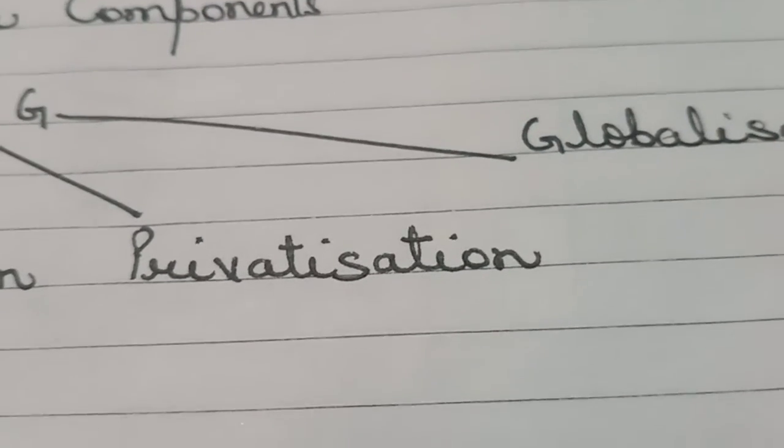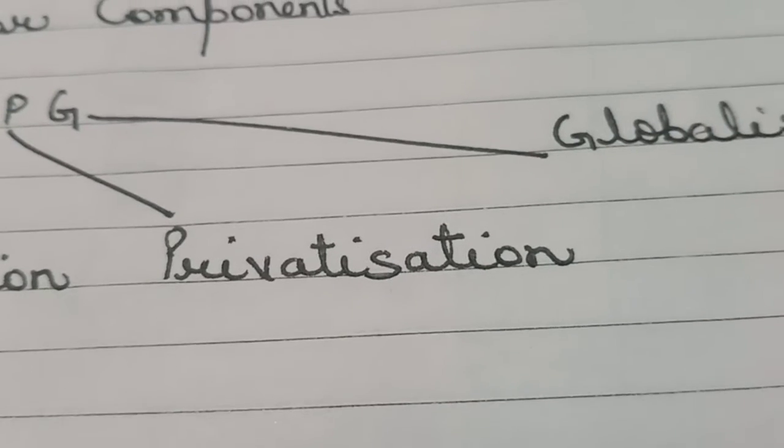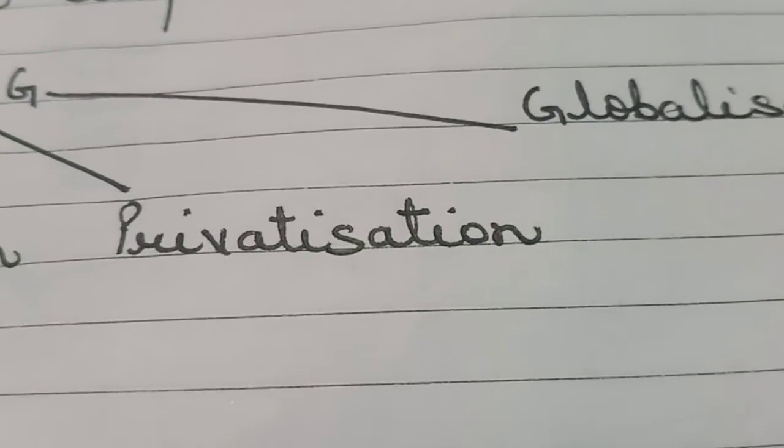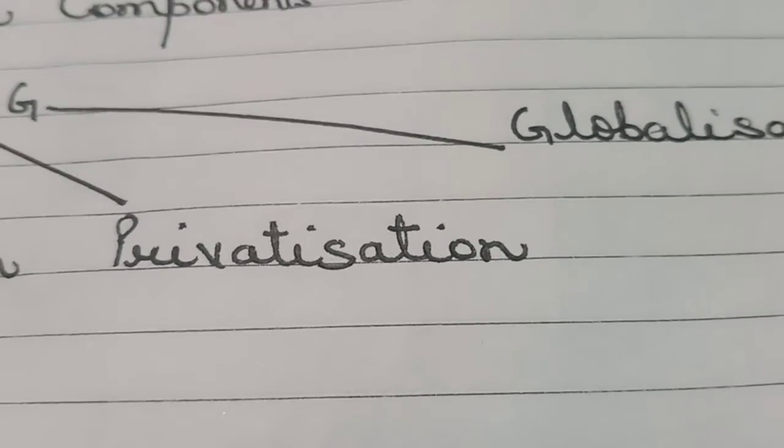So this means dilution of the stake of government, which means if the private sector holds more than 51% of shares, the complete control of those units would be transferred to the private sector, and hence privatization.